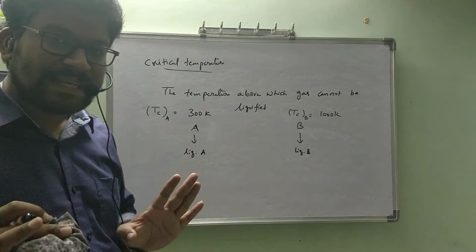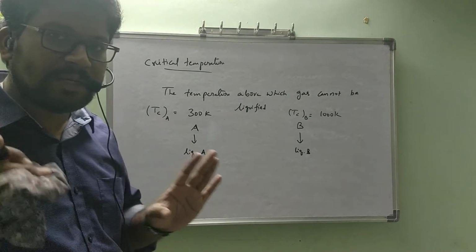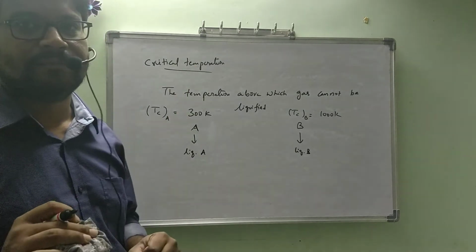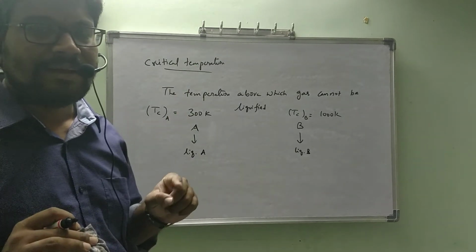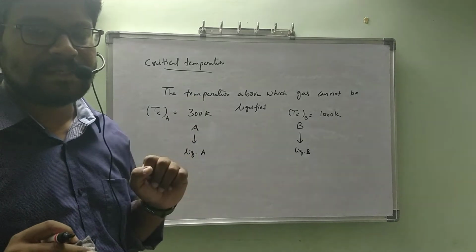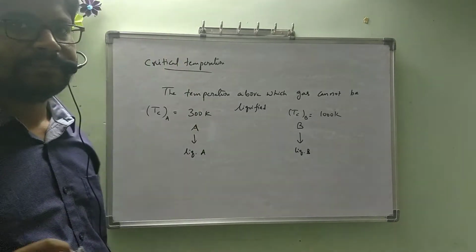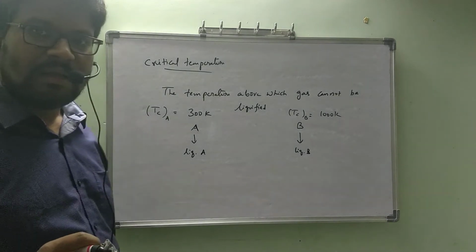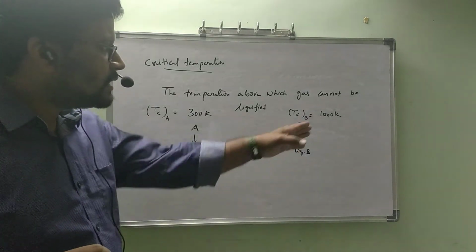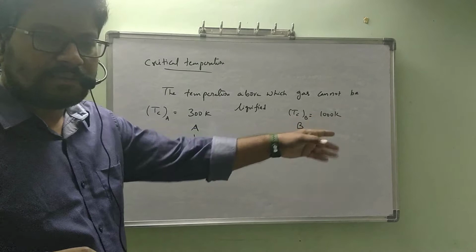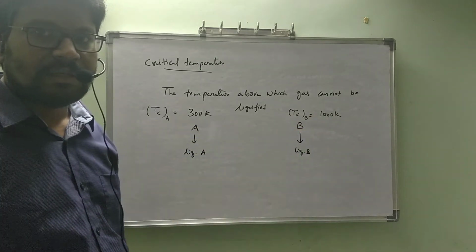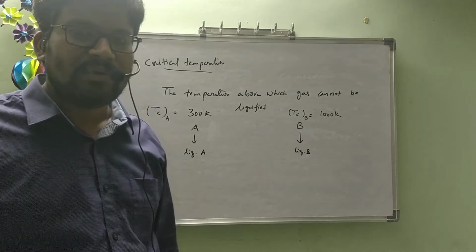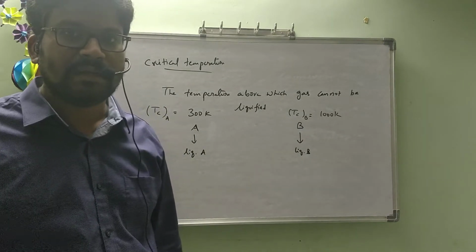Which gas has high probability to be converted to liquid state? The one which has high critical temperature. The gas which has high critical temperature can be liquefied easily, because even at 500... what is the room temperature? Suppose room temperature is 25 degrees centigrade, 25 plus 273, 298.